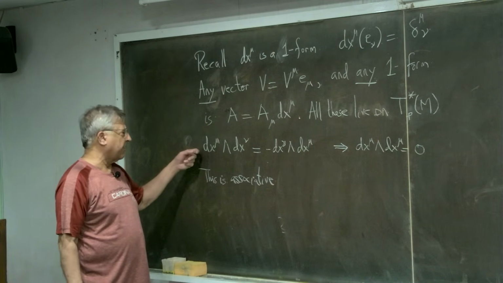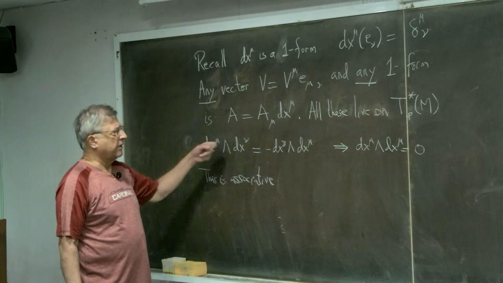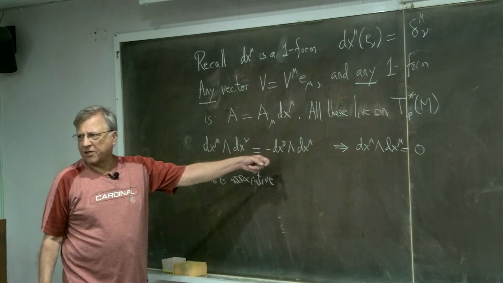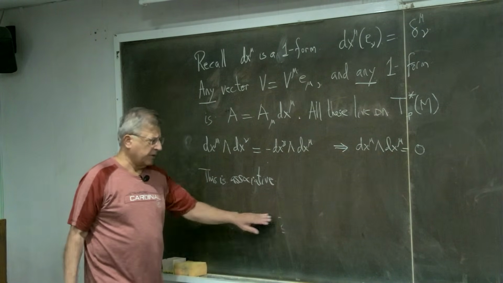This is linear and associative. That means that if I multiply this by some number, then this thing gets multiplied by the same number and so forth. So the usual properties hold over here.